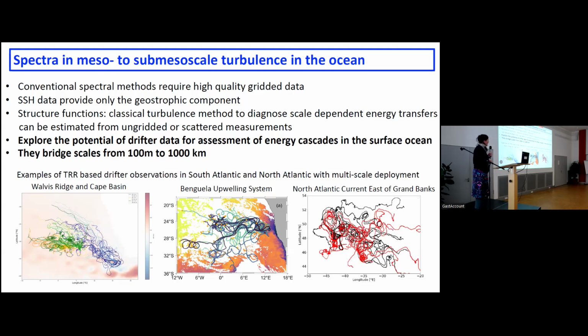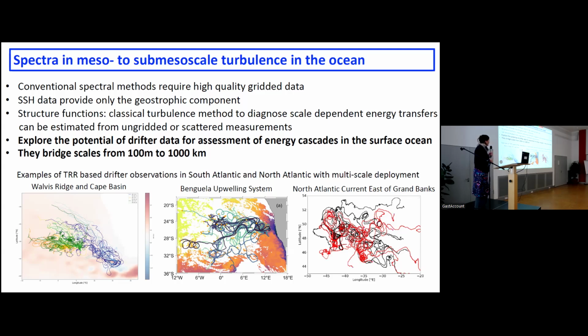So I'm going to actually focus on structure functions, which are classical turbulence tools to diagnose scale-dependent energy transfers and energy distributions. The advantage is they're really easy to use, and they can actually be estimated from ungridded or scattered measurements.